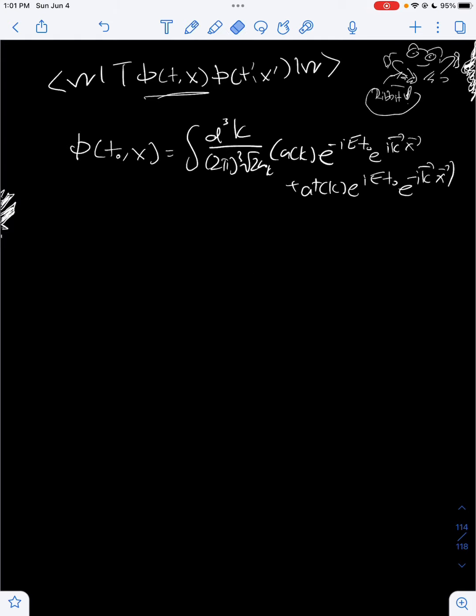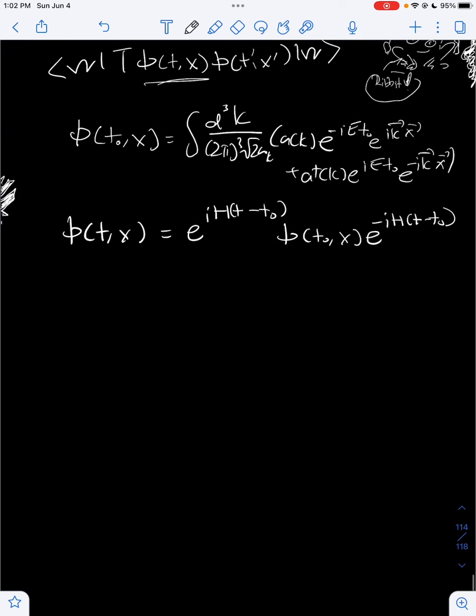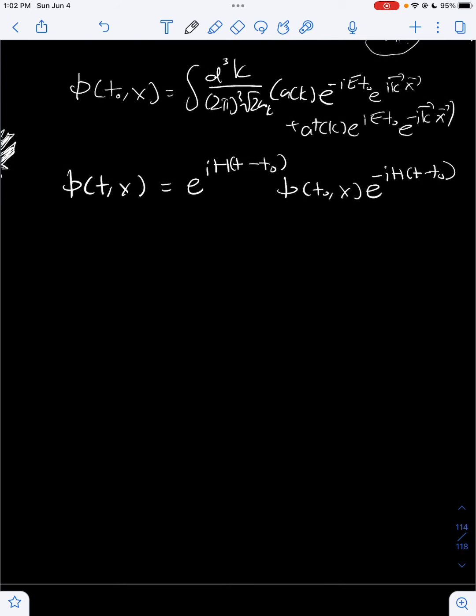Now what we can do is say that phi of t, x equals e to the iH(t minus t naught), phi of t naught, x, e to the minus iH(t minus t naught). You might wonder where we get this from. Well, this actually comes from quantum mechanics. Remember in quantum mechanics, we often want to calculate the expectation value of some operator. So say we had some operator O, and we want to find its expectation value.